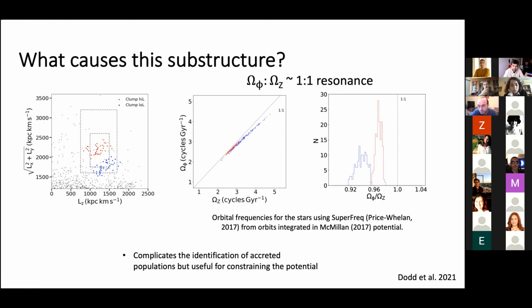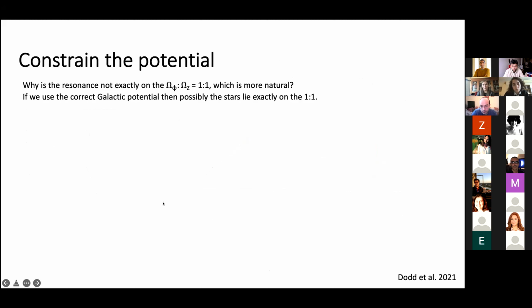But it's also a problem because it's complicating our identification of these accretion events. Because the one clump is splitting into multiple, we have to do the job of finding them and linking them together. But as I said, it's a positive to learn about our galactic potential, because that's something we also need to know to do the job that we do.